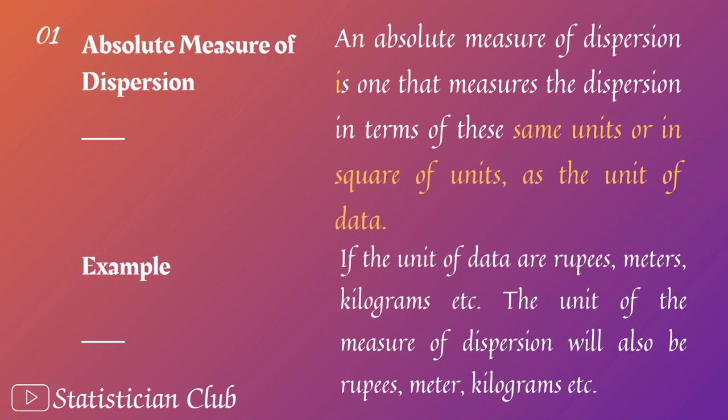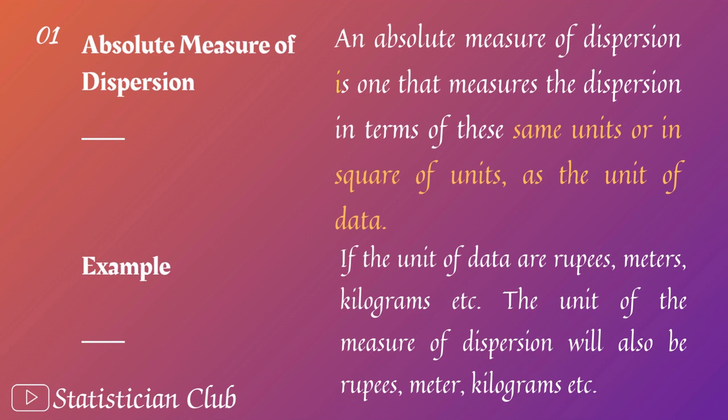Absolute measure of dispersion. Absolute measure of dispersion is one that measures the data set in the same unit or square of unit, meaning the complete data set has the same unit. For example, if the unit of data is dollar, meter, or kilograms, then the answer you get after applying the measure of dispersion will be in kilograms.